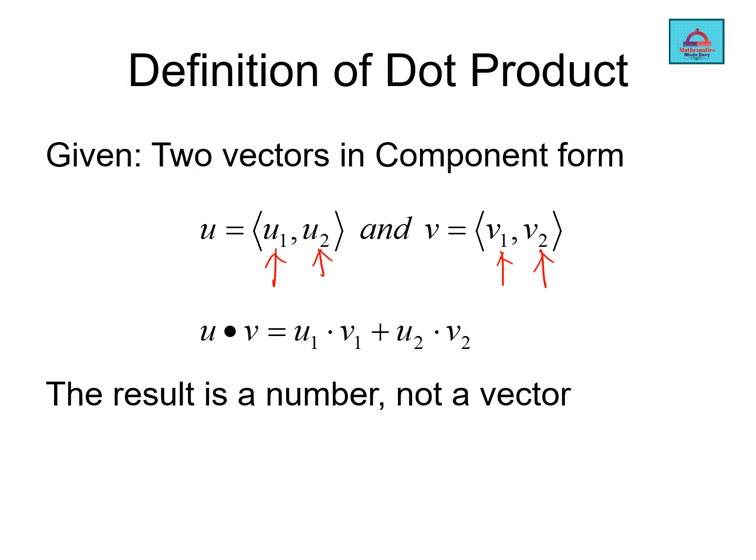Then u dot v is denoted by this value. This is how you write the dot product. And this dot product of the two vectors is a number. It's a scalar, so it's not a vector result. The result that you're going to get will be some number. It will not have any direction, just the magnitude. So not a vector. This is very important.